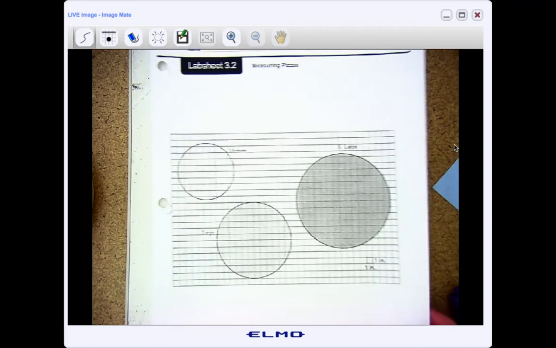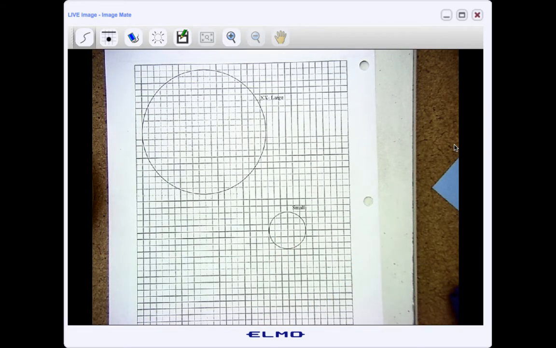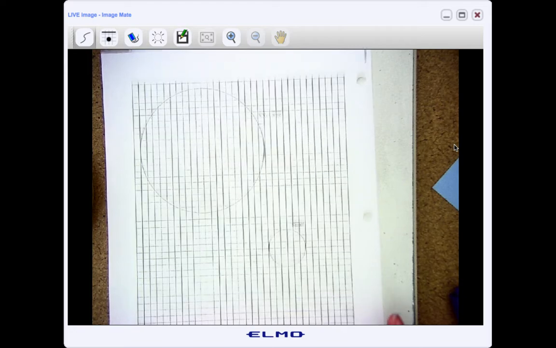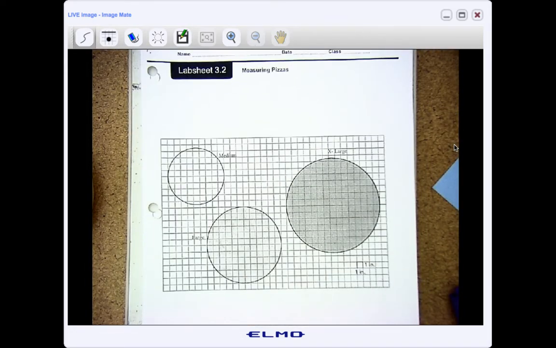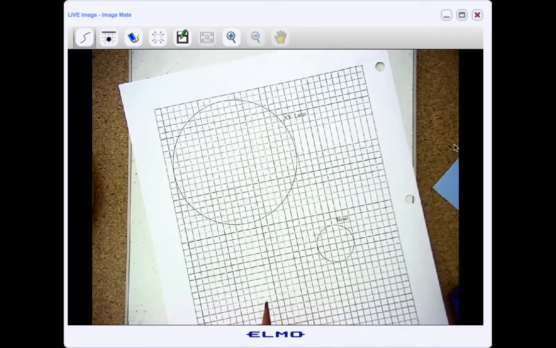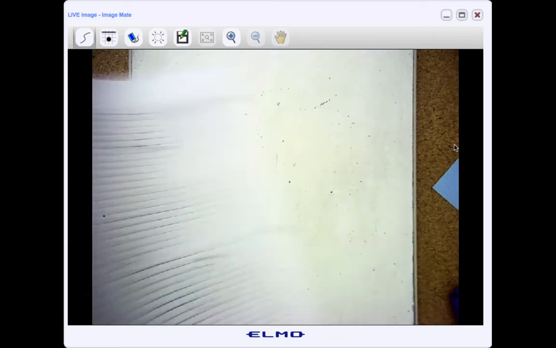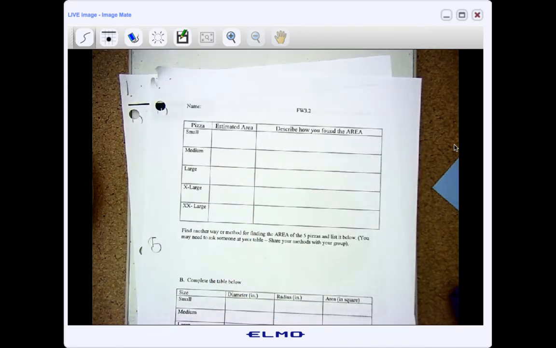So I just want you to do, as best you can, look at the small one and how many squares do you think are inside? Then look at the medium, see if you can figure out about how many squares are inside. Same with the large, extra large, and the extra extra large pizza. Fill this out by estimating the area of each of these, using any kind of method you want.